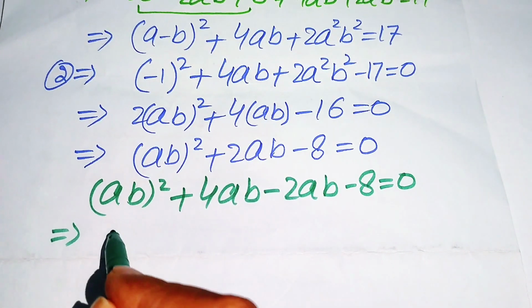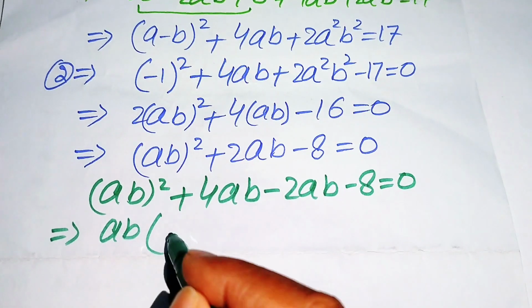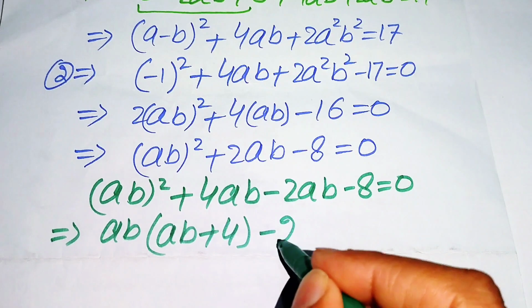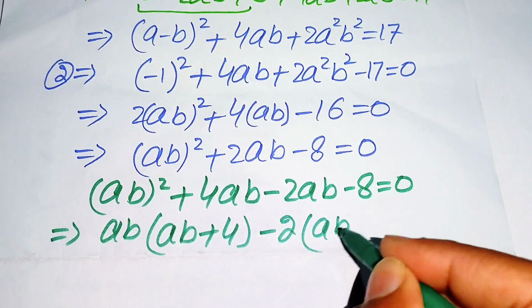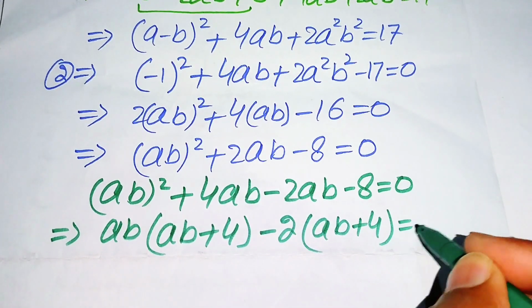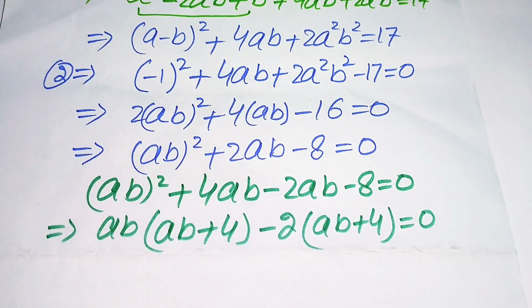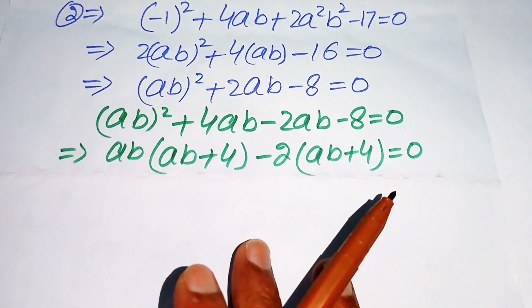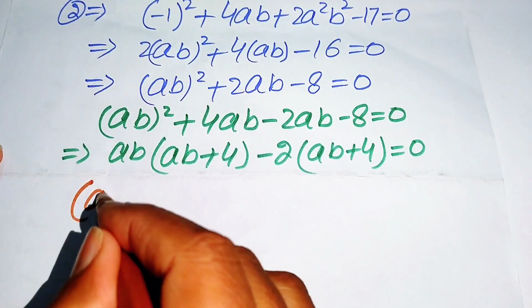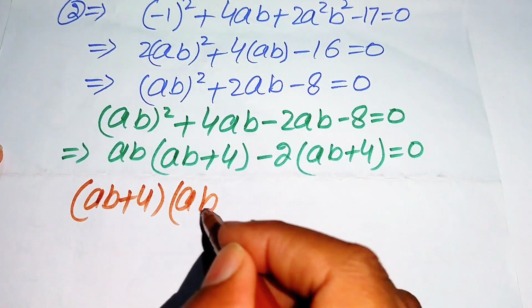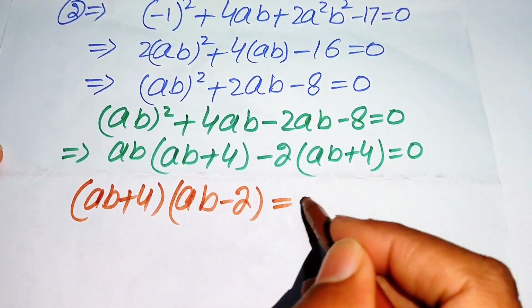So we take common ab from the first two terms and we obtain ab plus 4, and here we take common minus 2 and we obtain ab plus 4 equals 0. In the next step you see that we have ab plus 4 as the common term, so we take it common and we get (ab plus 4) into (ab minus 2) equals 0.